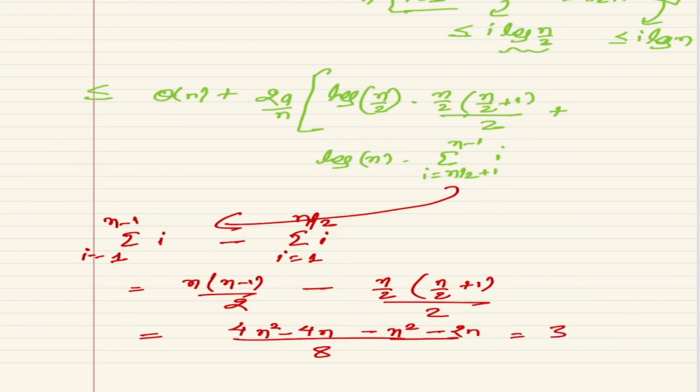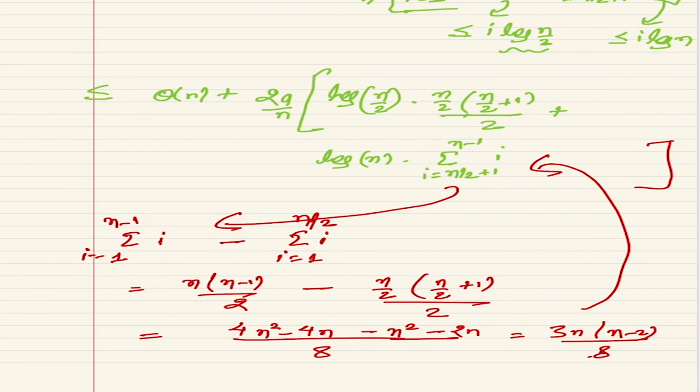So this will be 3n minus 2 divided by, so I am putting this back, so this will be 3n times n minus 2 by 8. Okay, sure.